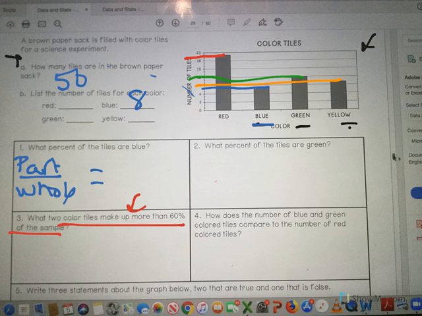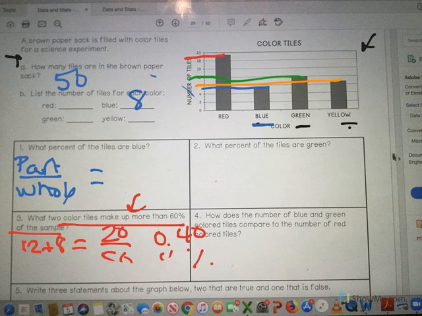Or no, it's probably going to make a little bit less. So I'm going to try red and green. I'm going to add red and green, which is 12 plus 8, and that gets me to 20, over what's my total? 50. And when I do my math, that's 0.40 or 40%, and that didn't work.